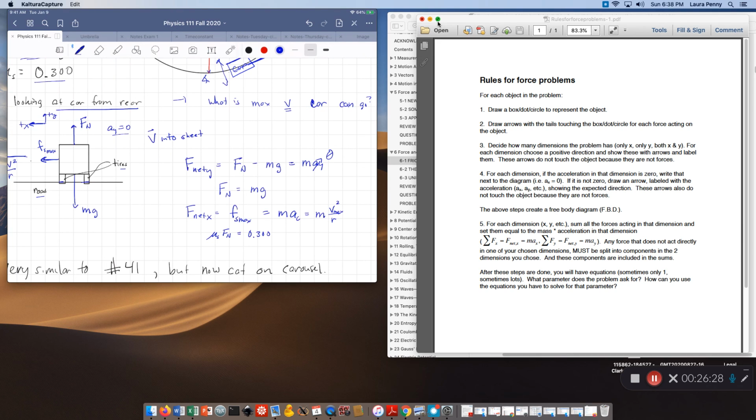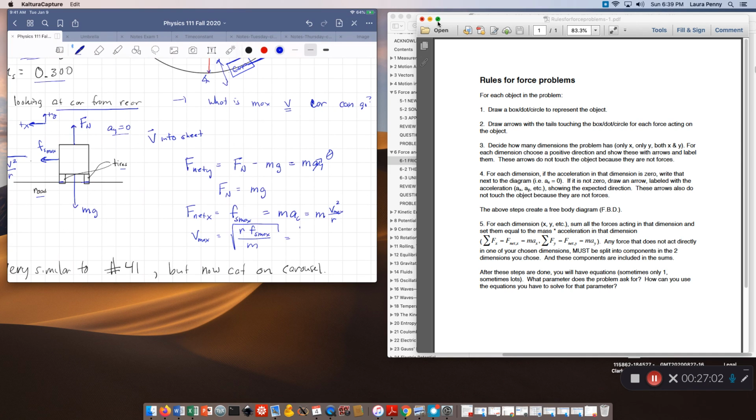Actually, let me do my algebra first, and then I'll come back and plug in numbers if we want to. So moving this all around, I can write that v max is the square root of r times the maximum static friction divided by m.